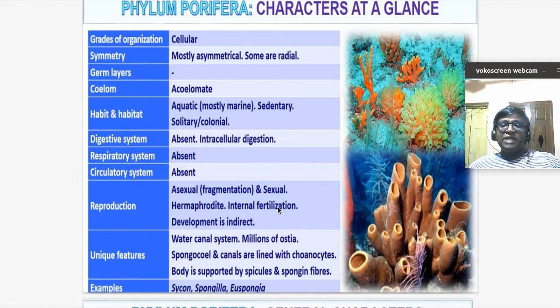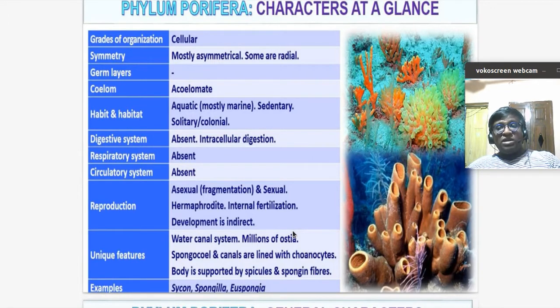When they ask you during examination to write the salient features of phylum Porifera for 5 marks, you are expected to write this. They are acoelomate, they do not have germinal layers, digestive system is not present, digestion is intracellular, respiratory system is absent, circulatory system is absent, reproduction is by asexual method, that is fragmentation, and they also exhibit sexual reproduction by formation of gametes.